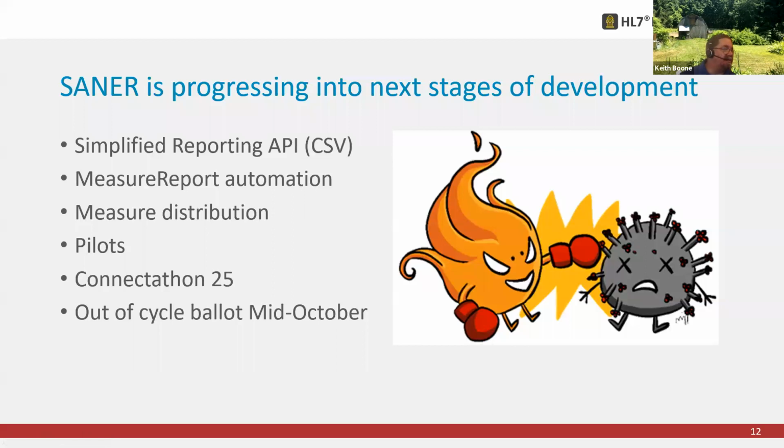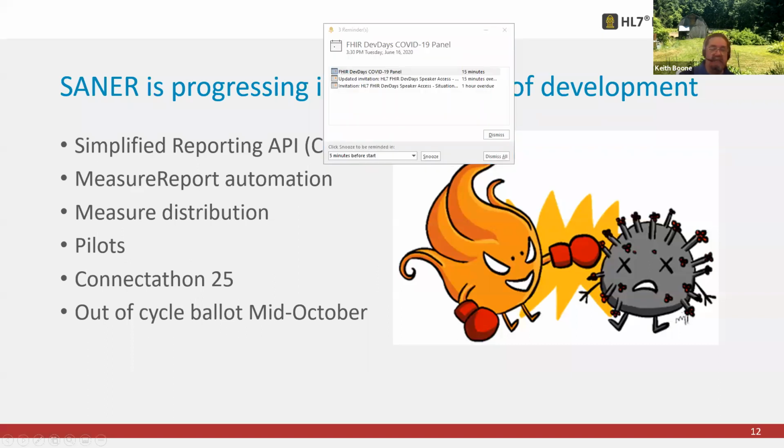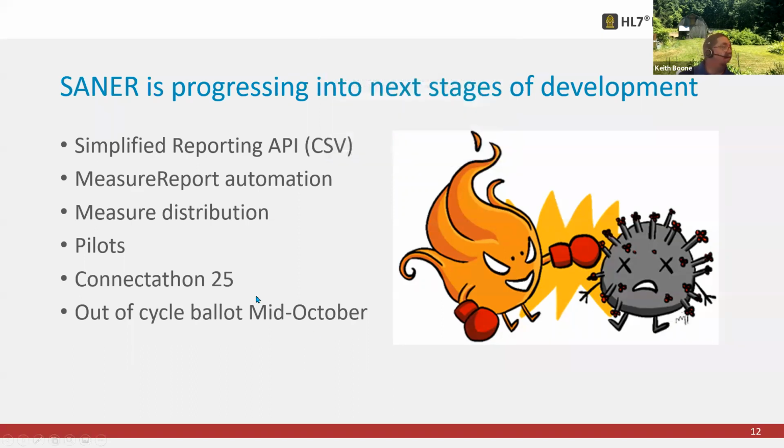We've gotten TSC approval for an out-of-cycle ballot in mid-October. And we're also considering doing a Connectathon in late July, early August, in support of making sure we have enough testing before we go into that out-of-cycle ballot.